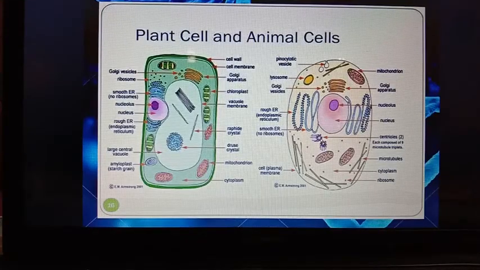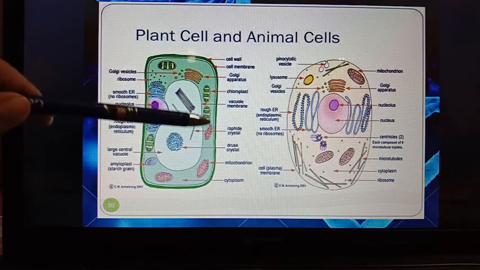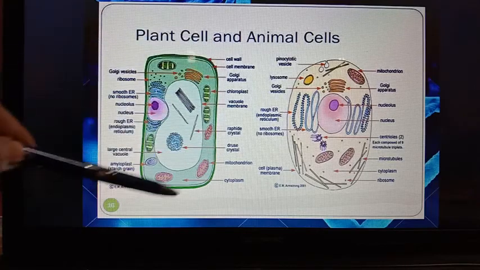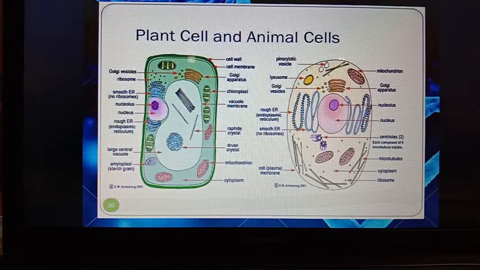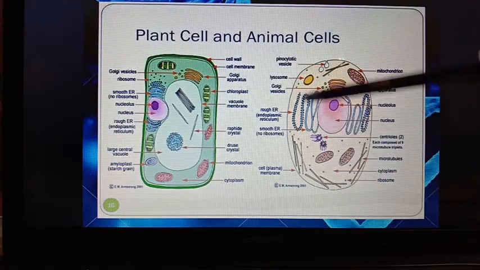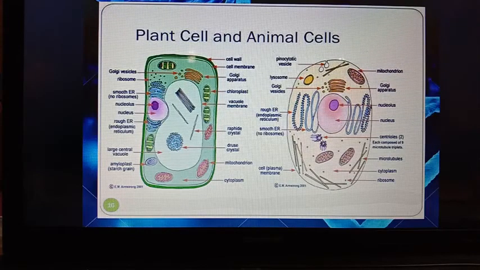At last, we are going to discuss the differences between the plant cell and animal cell. You can see here, this is the diagram of plant cell and this is the diagram of animal cell. Plant cells are usually larger than the animal cells.